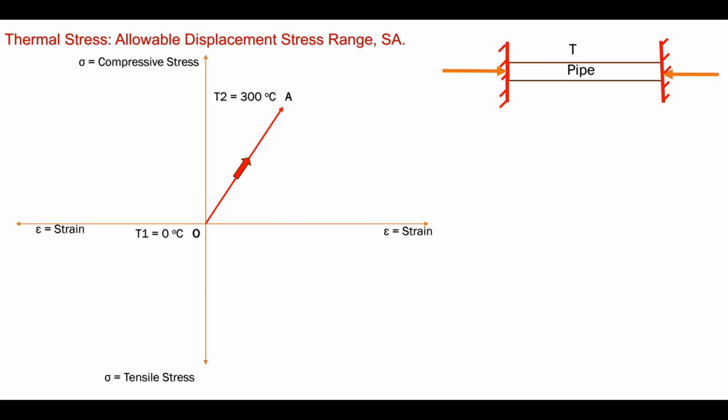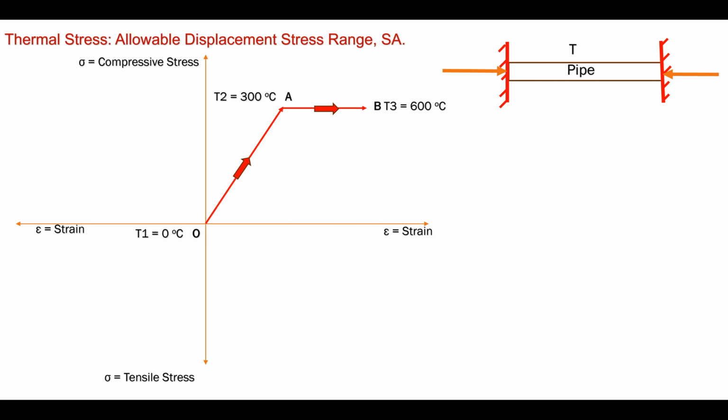If we further increase the temperature of the pipe from T2, 300 degrees centigrade, to T3, 600 degrees centigrade, it will increase the strain in the pipe at some constant value of the compressive stress till point B, as shown in the graph in the red line. It means yielding starts in the pipe due to high temperature.